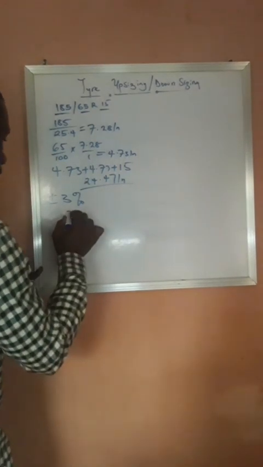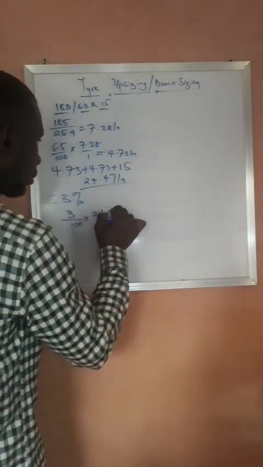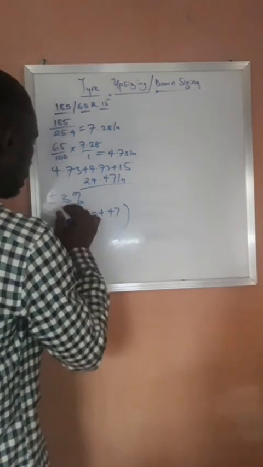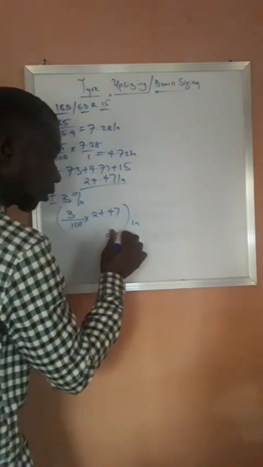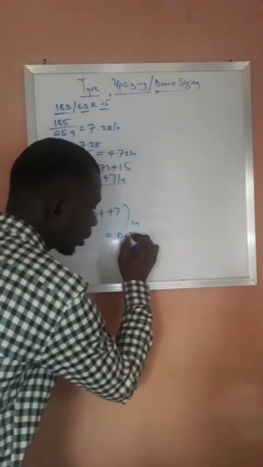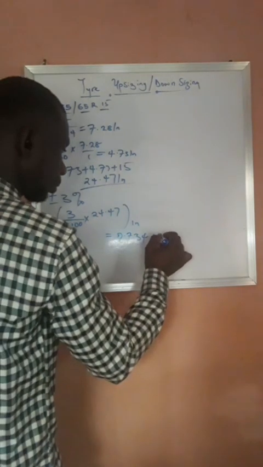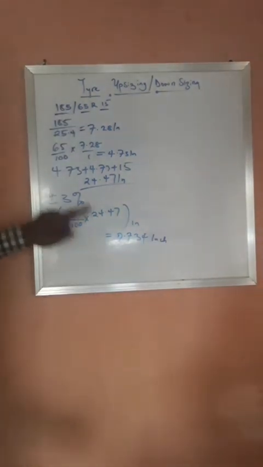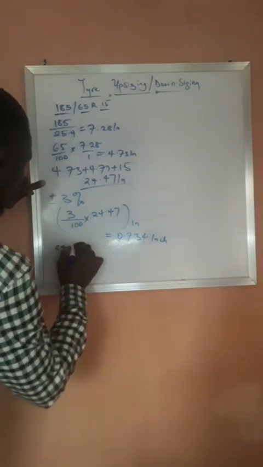So we're going to say 3 over 100 times 24.47, all in inches. This is going to give us 0.734 inches. So we're going to add it to and subtract it from 24.47.